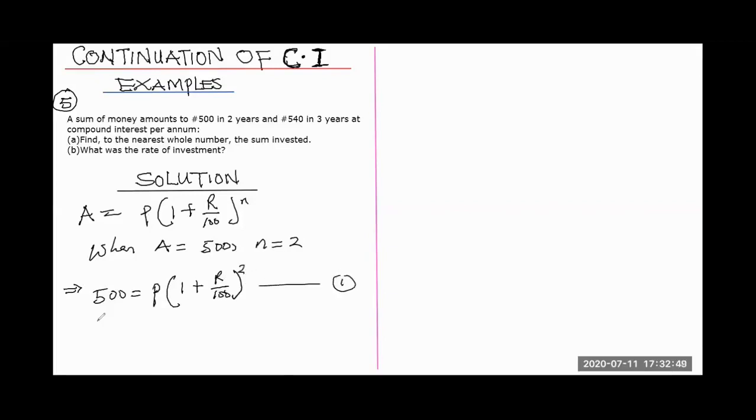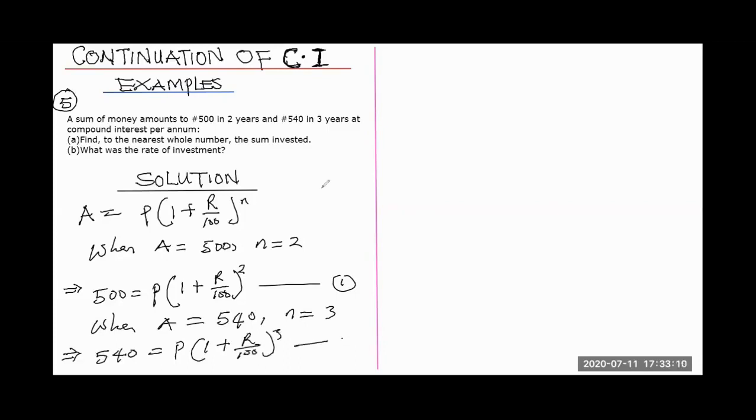We'd also say that when our A is equal to 540 and n is equal to 3, then 540 equals P into 1 plus R over 100 raised to the power 3, equation 2. Now we have equation 1 and equation 2.